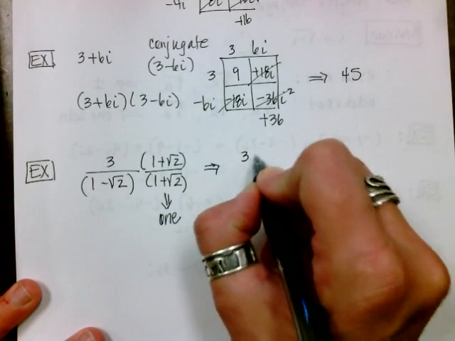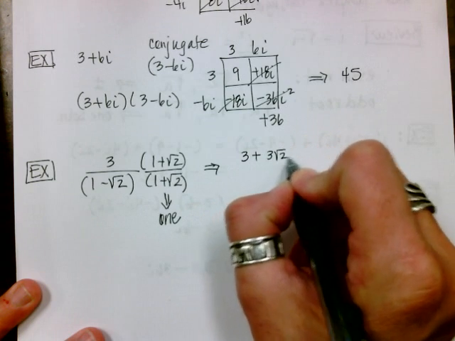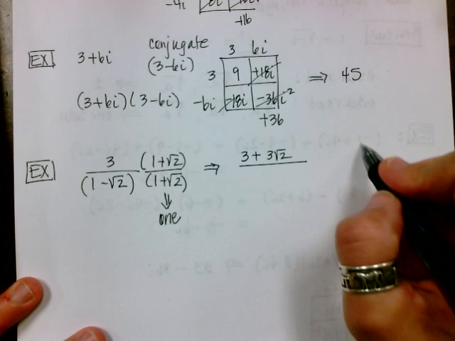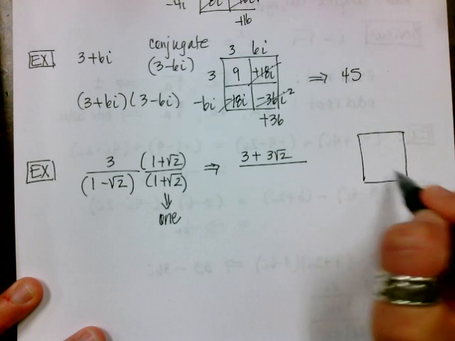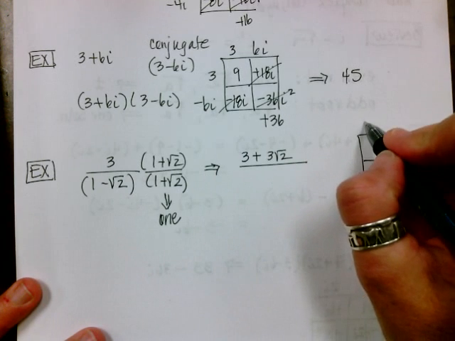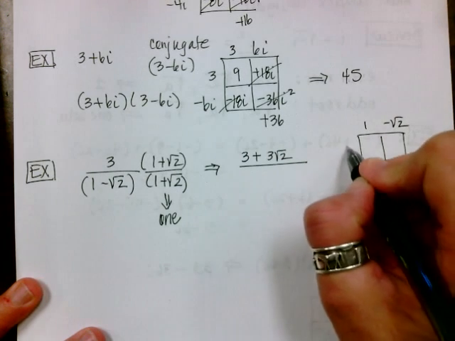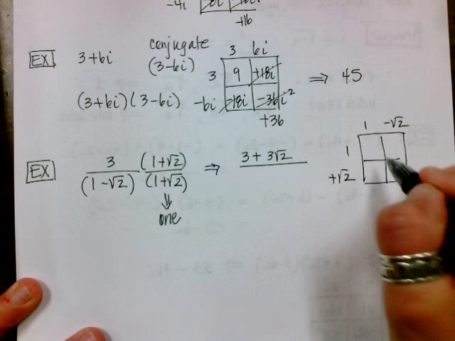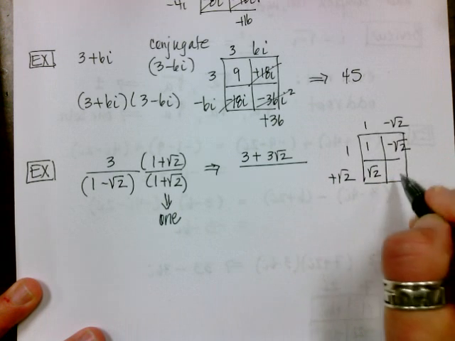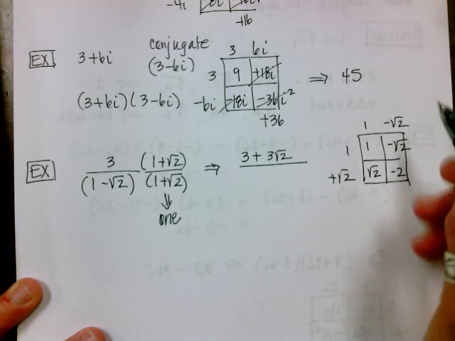In the top, this becomes 3 plus 3 radical 2. If you'll remember, in the denominator, I'll do this piece off on the side. The conjugate is going to make the radical disappear. So I have 1 minus radical 2 times 1 plus radical 2. So this is 1 plus radical 2 minus radical 2 minus 2.